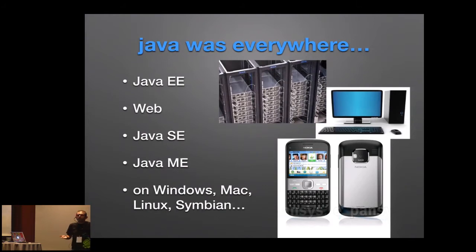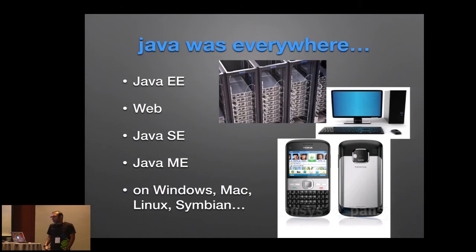I was able to use it anywhere before iPhone came out. I could do enterprise development, doing stuff on server or web, doing some desktop applications. I could do mobile stuff on JavaME, although I wasn't a big fan of JavaME. I just found it very limiting.